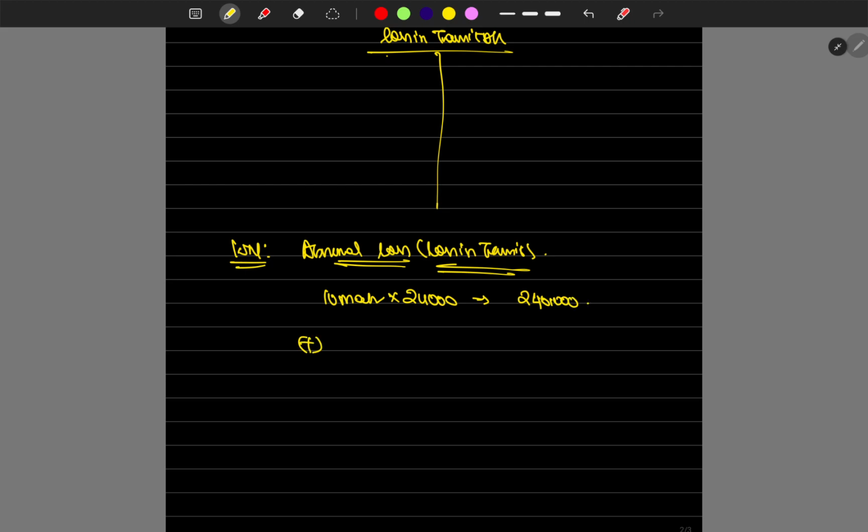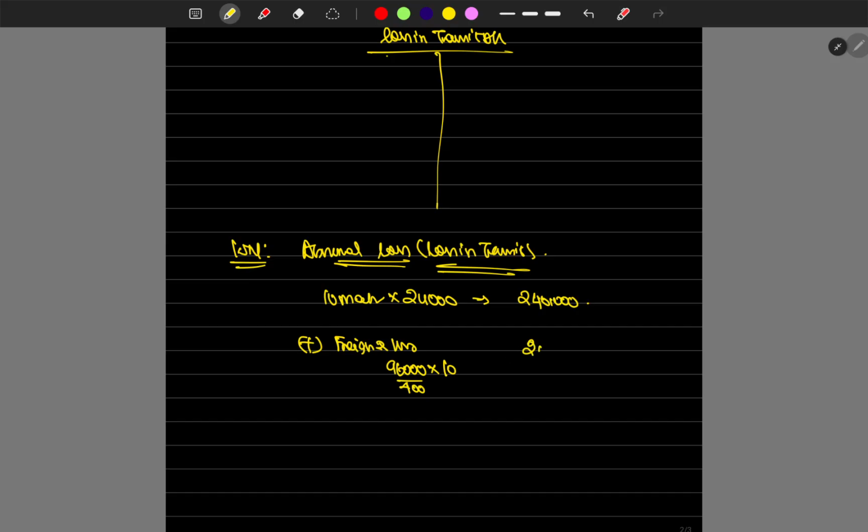Then Kush has also paid freight charges for these machines, right? So how much is that? Freight charges, insurance, which is 96,000 paid for 400. Then what is it for 10 machines?